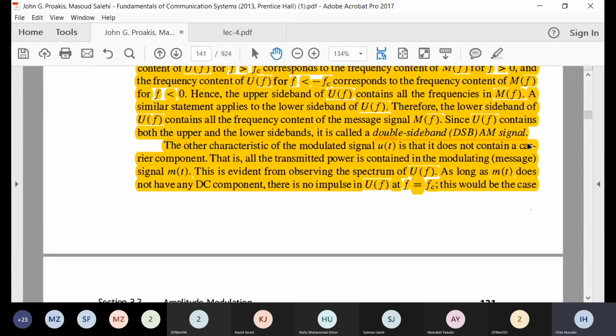One thing is that it does not carry the carrier component. The carrier was cos 2 pi fct, which has an impulse at minus fc and another impulse at plus fc. So that is not observable. You can see it is not present in the spectrum.